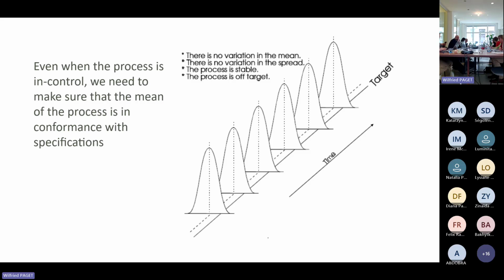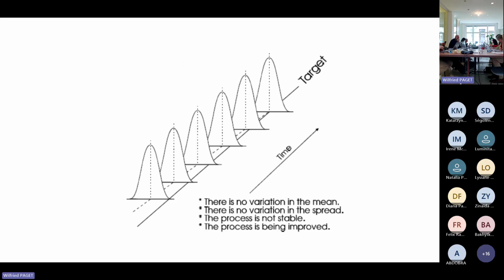Another example, in this case, the solid line and dashed line are moving along time, they are connecting along time. There is no variation in the spread. The variation is the same. The process is not stable because the mean is evolving along time.